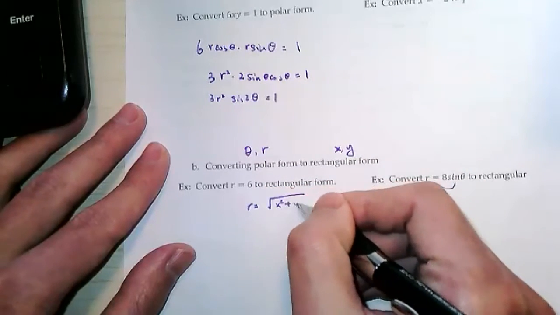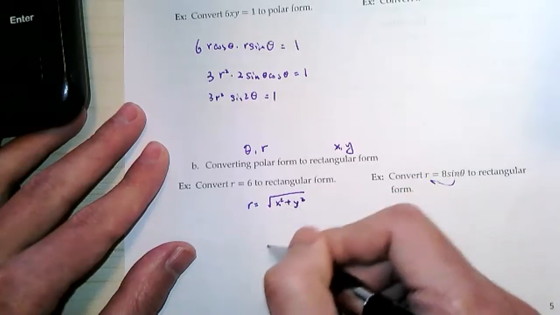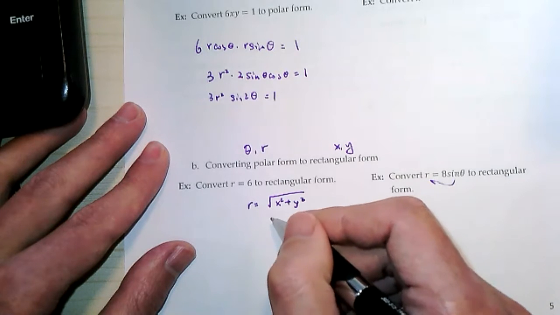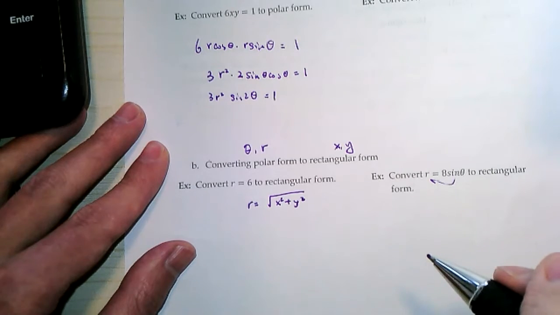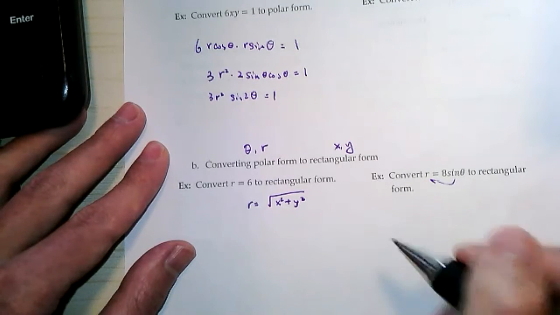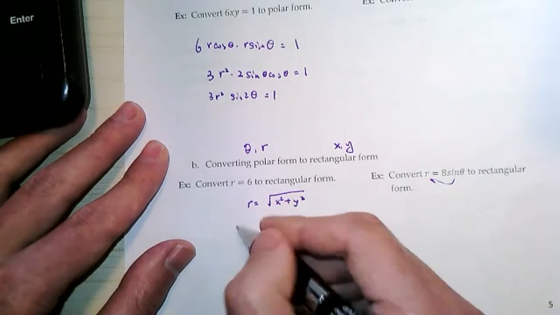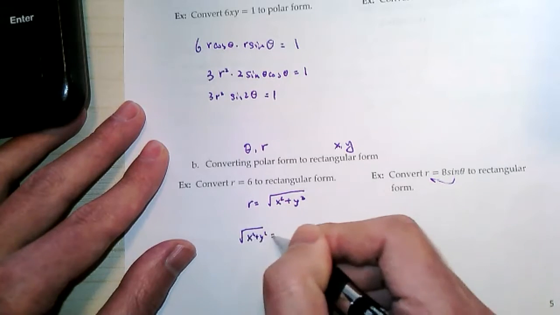We just showed that r is square root of x squared plus y squared, right? So r equal to 6 is just square root of x squared plus y squared equal to 6.